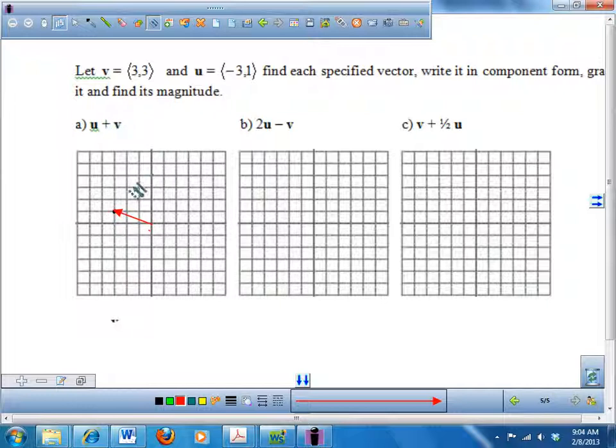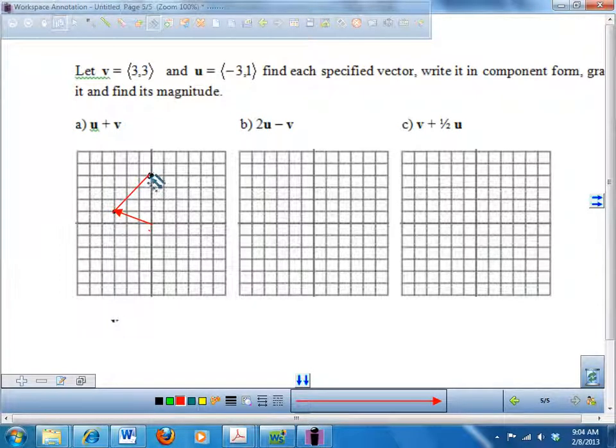The way you add vectors is the tail of one to the tip of the next one. So I'm going to take vector v and stick it over here. I'm going to go from this point, over 1, 2, 3, and up 1, 2, 3. I'm going to put a point there, and then I'm going to make vector v.